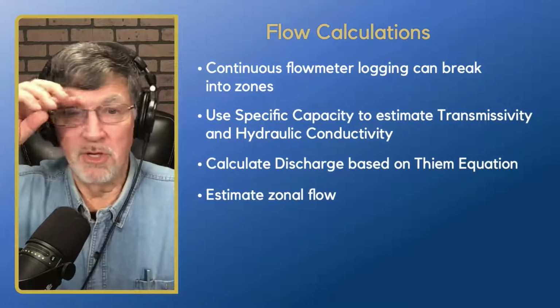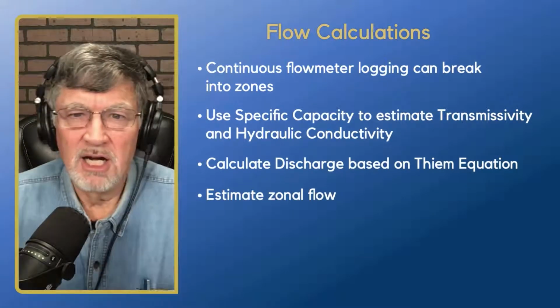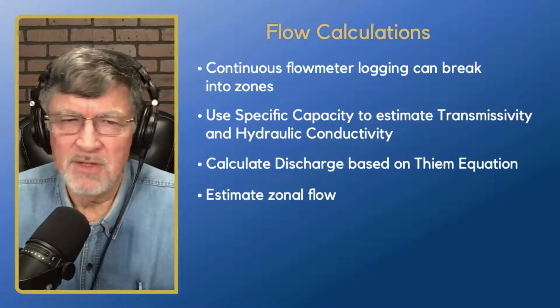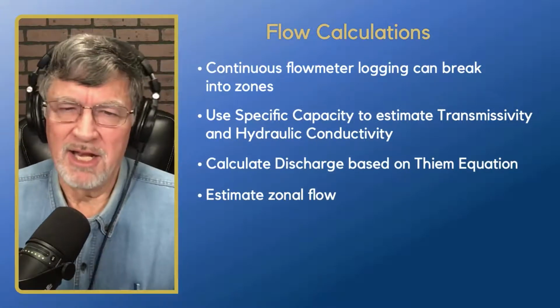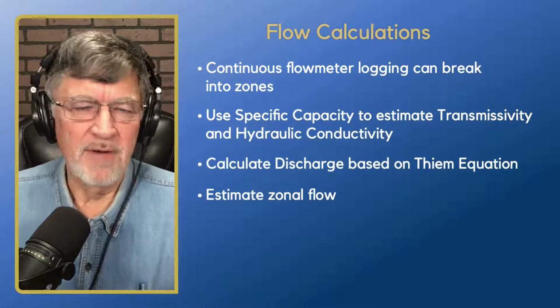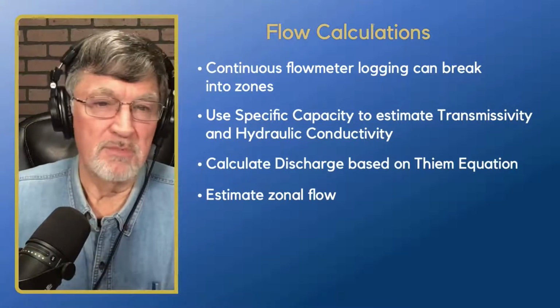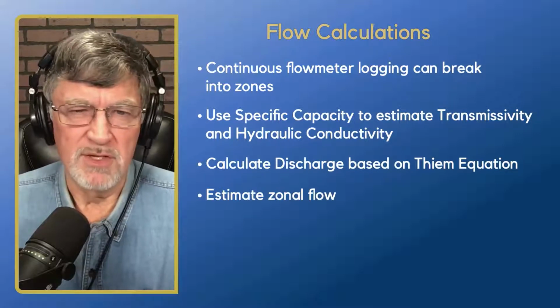All right, so flow calculations. With our continuous flow meter logging, we'll have a continuous log, but sometimes for the purposes of doing a mass balance, we're going to want to break it out into zones.